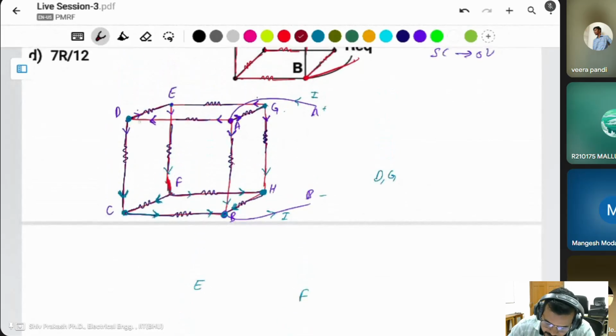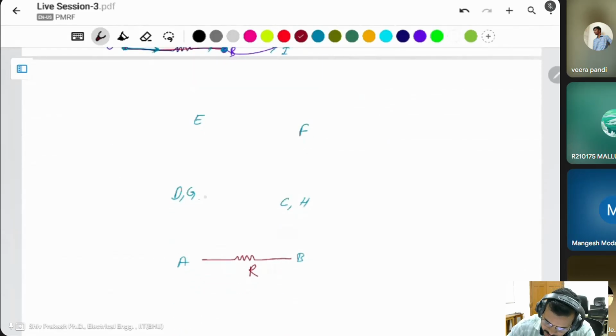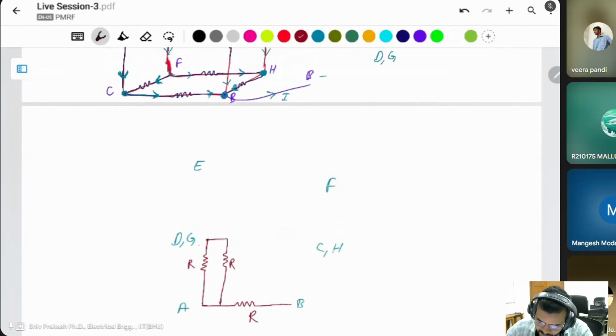Then D to A has resistance and G to A has resistance. There are two resistances connected. D and G are the same point, so there are two resistances connected to A, D to A and G to A, the same resistance R and R. Same thing do for the negative side.